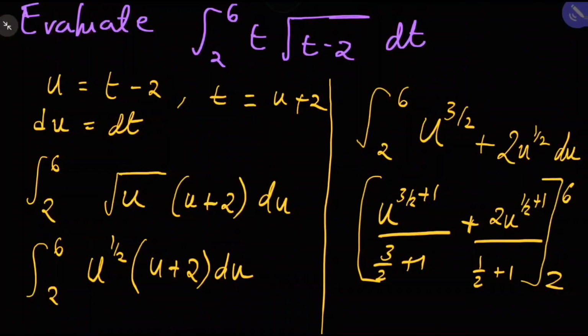So we are going to be expanding this: 3 over 2 plus 1, that's 5 over 2, and half plus 1, that's 3 over 2.